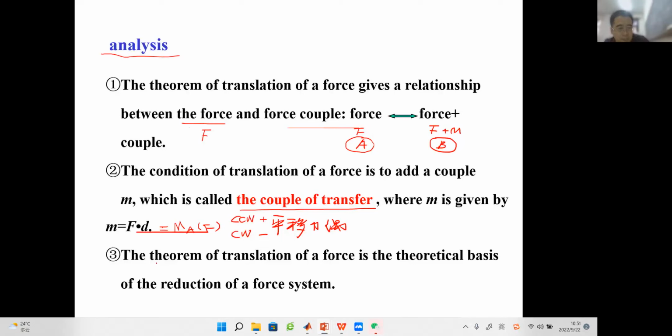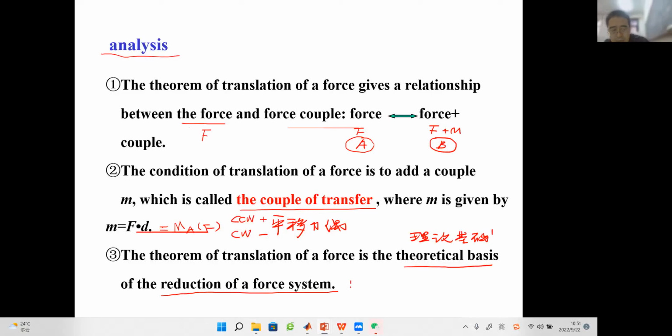And third, the theorem of translation of a force is the theoretical basis, 是我们的理论基础. Theoretical basis means 理论基础. Theoretical basis for what? For the reduction of a force system.